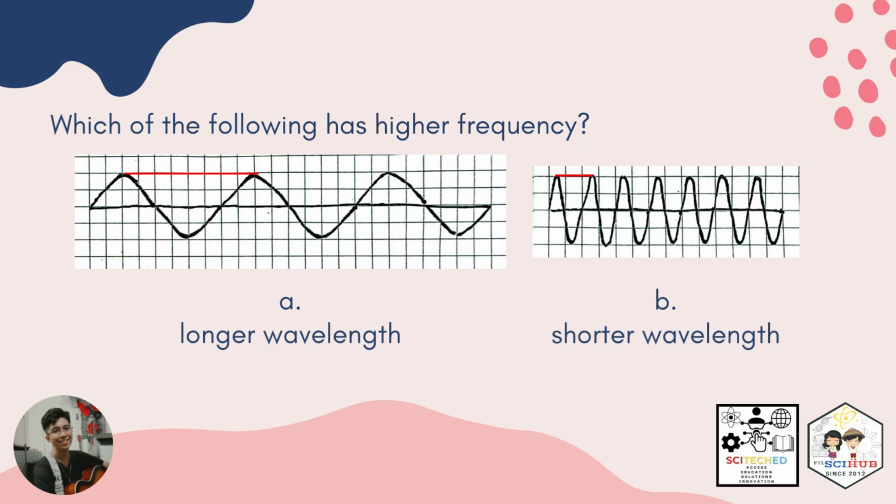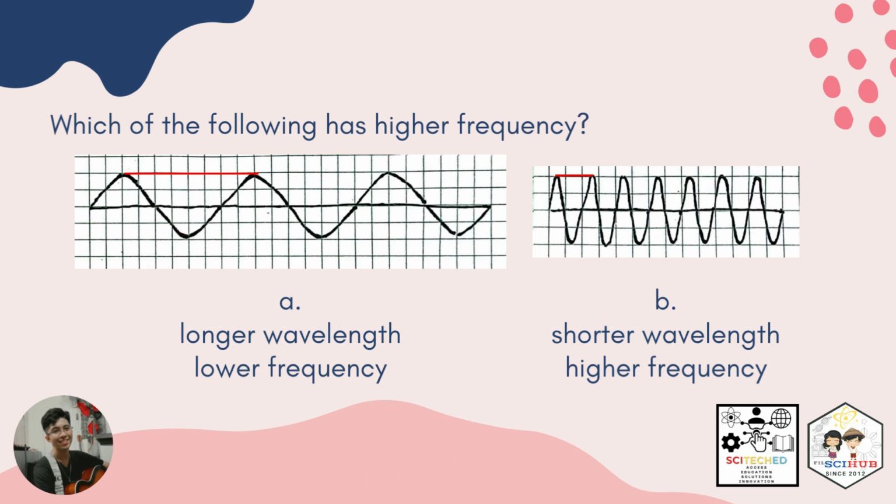Now, we know that the relationship of frequency and wavelength is inversely proportional, which means that when wavelength increases, frequency decreases. Alright? And when wavelength decreases, frequency increases. So between the two, A has a longer wavelength, so it should have lower frequency.